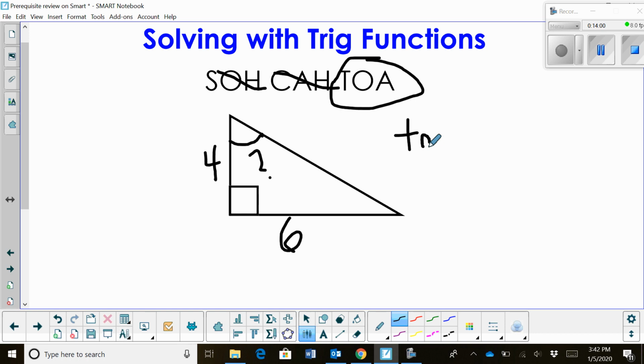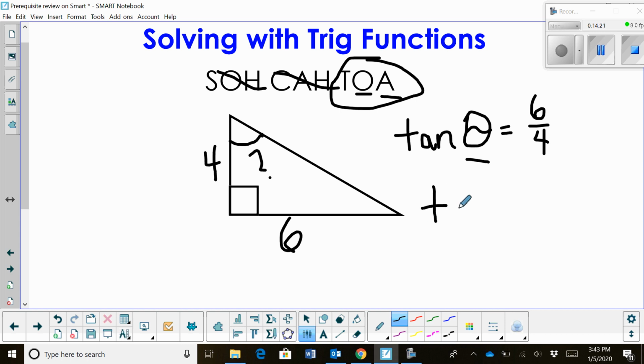So this is tangent of our unknown angle, and I'm going to call that angle theta. And it's equal to the opposite over the adjacent. So I'm going to put this as 6 opposite over adjacent, which is 4. And I need to solve for theta. Now to find an angle, we've got to use inverse.